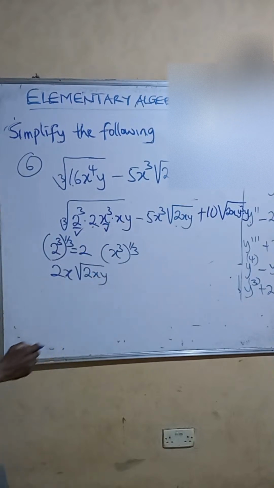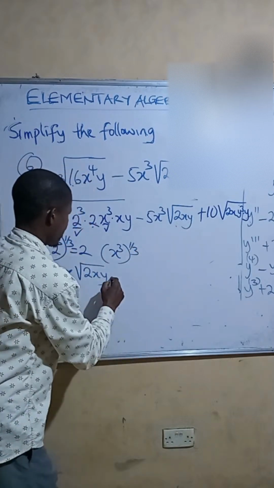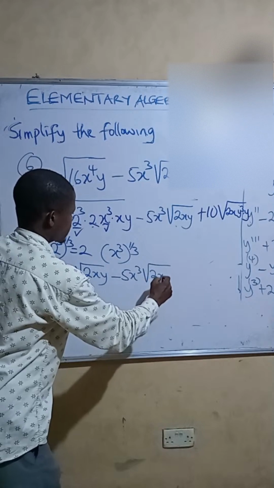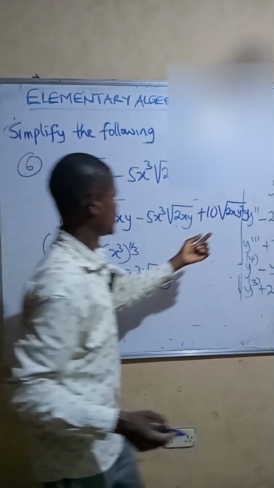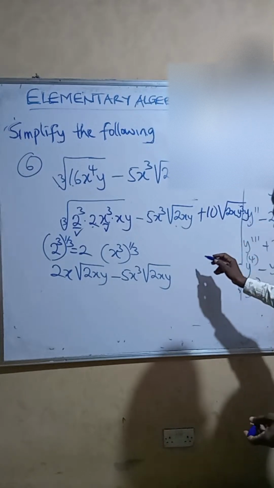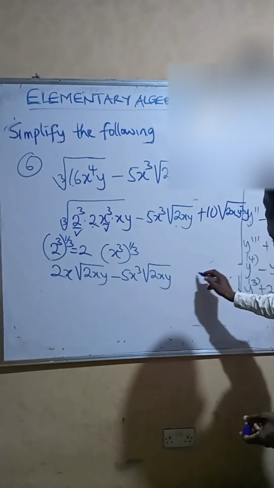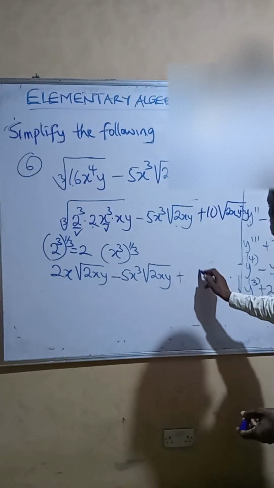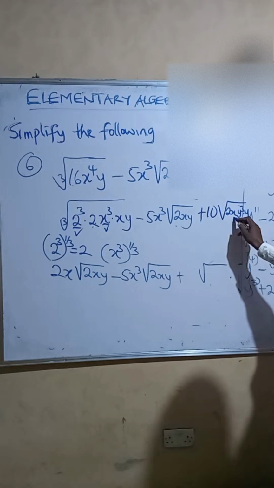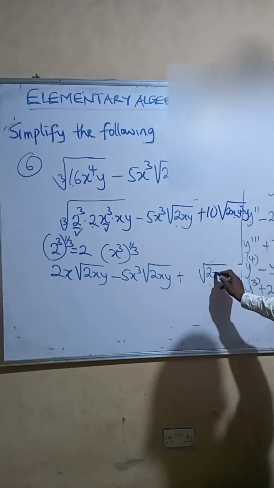Okay. Then the other one, there's nothing we can do there. That's minus 5x cube times cube root of 2xy. And this one will be plus cube root of 2xy.